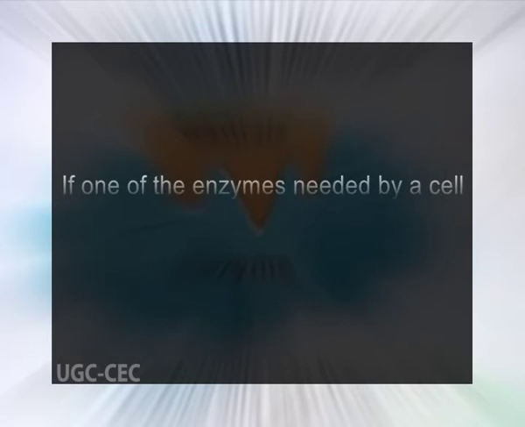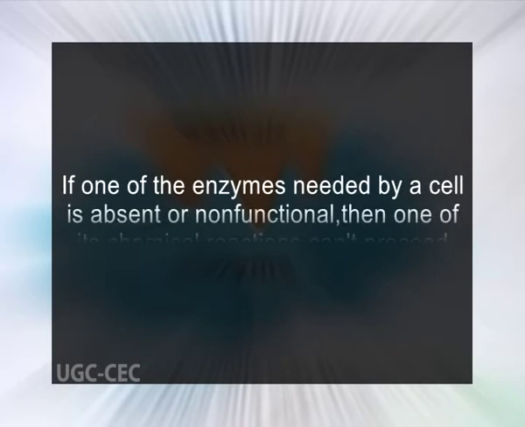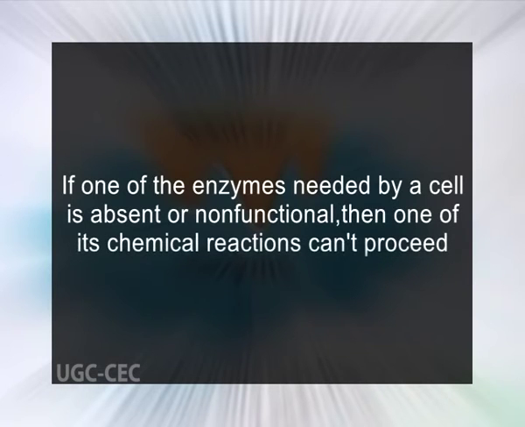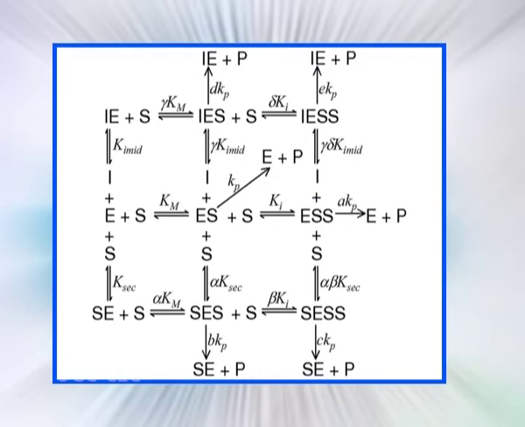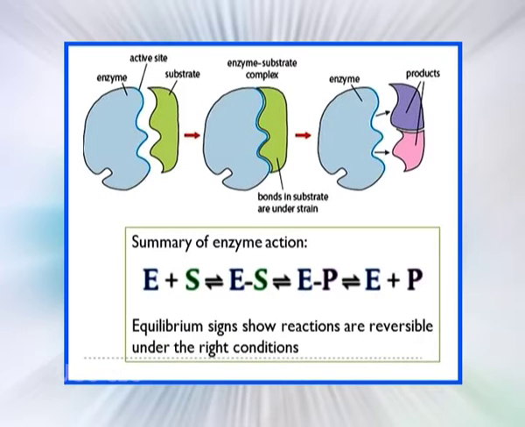If one of the enzymes needed by a cell is absent or non-functional, then one of its chemical reactions can't proceed. No other enzyme can substitute for the missing one. Enzymes have varying degrees of specificity for substrates. They may recognize and catalyze a single substrate, a group of similar substrates, or a particular type of bond.